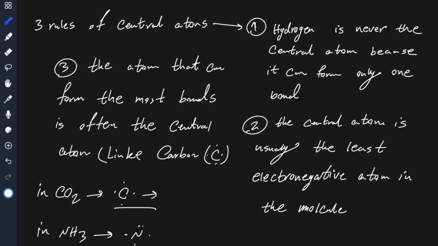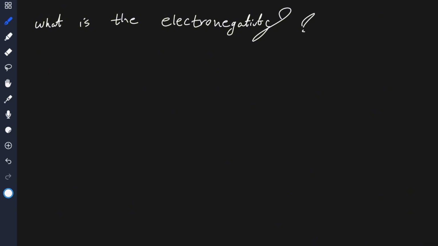So, now let's talk about electronegativity. What is electronegativity? Electronegativity is an atom's ability to attract electrons in a chemical bond. As we move from left to right across a period in the periodic table, electronegativity increases.